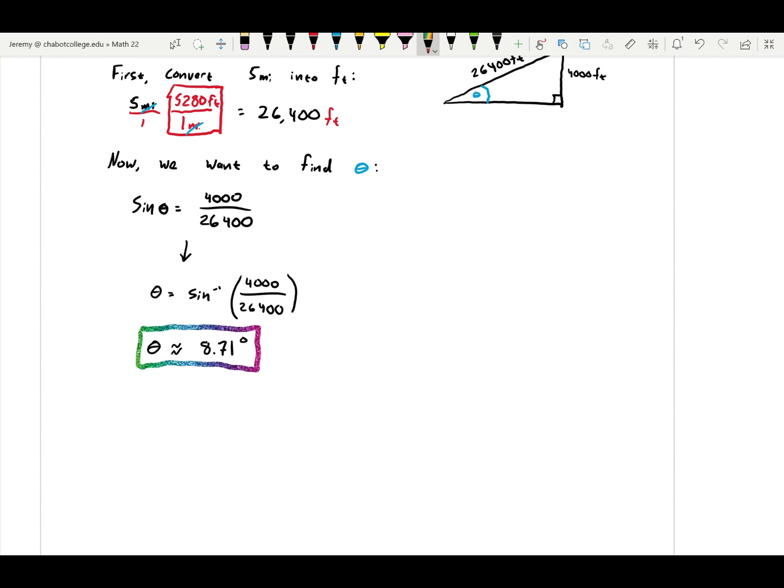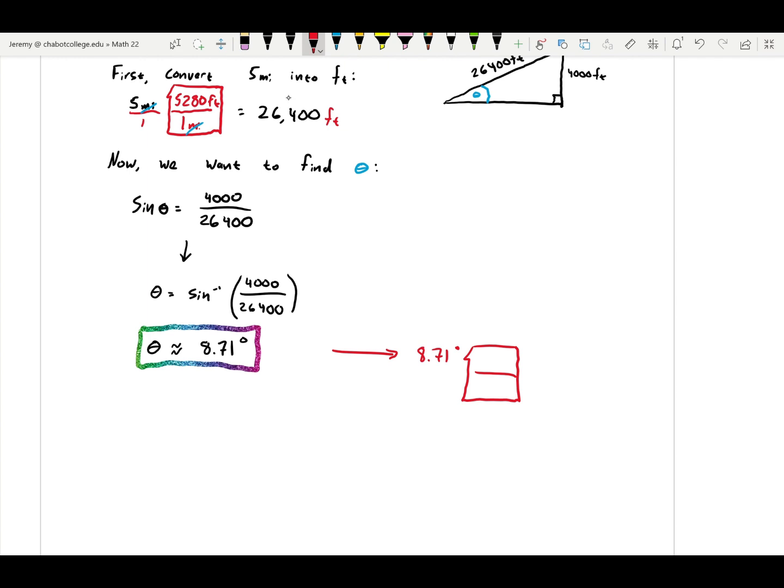Okay, in the case that you wanted to convert this to radians, you could totally do that by multiplying it by that conversion factor. If we wanted to go into radians, we could multiply 8.71 degrees by this big one, which is going to involve 180 degrees and pi radians.